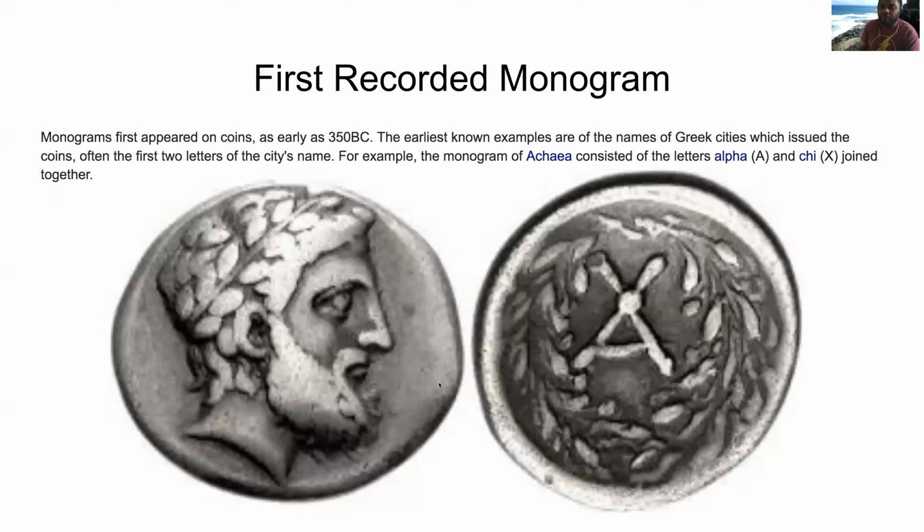Just an example, monograms have been around for a very long time, at least in Western cultures. One of the first was on a coin from 350 BC, and it's as simple as an A and an X. You can see the design. They made the A the bottom part of the X. The interesting part is it looks like an arrow on one side.